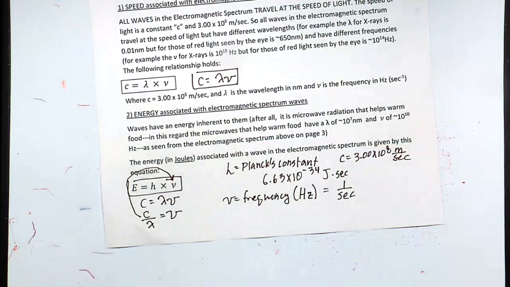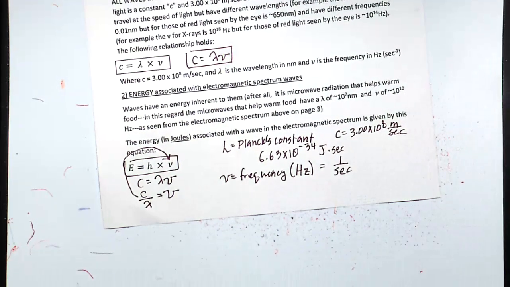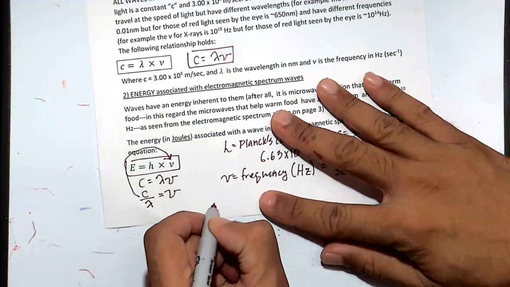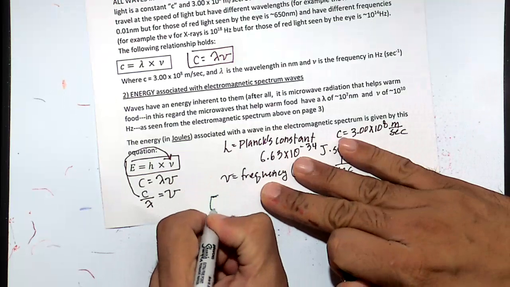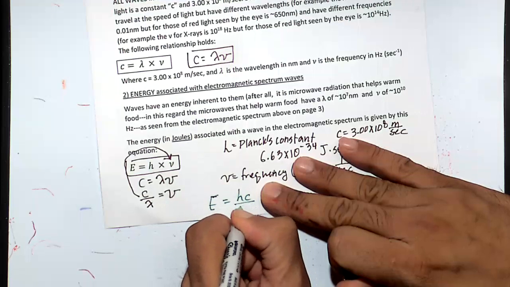Do you see where I'm getting at? Another way to express this equation is E equals hc over lambda.